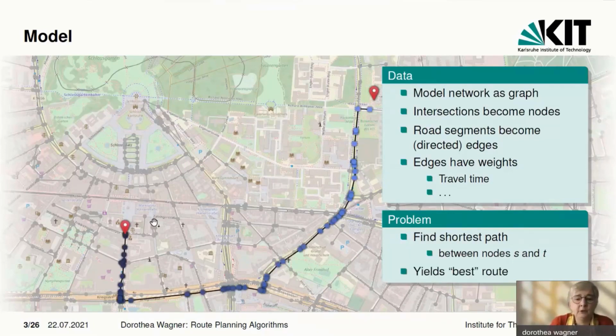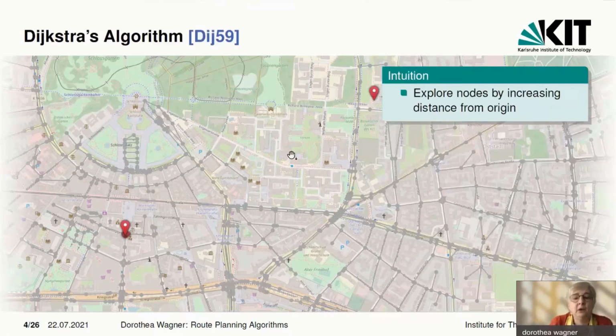So here we are looking for this best route between source node S and target node T. Okay, so how to find this best route? The first answer is the classical Dijkstra's algorithm. Find such a best route.